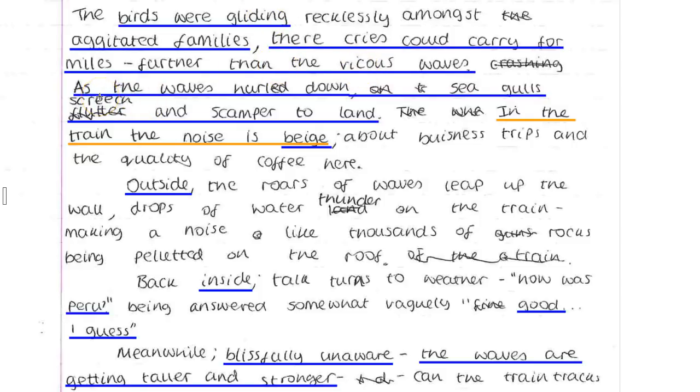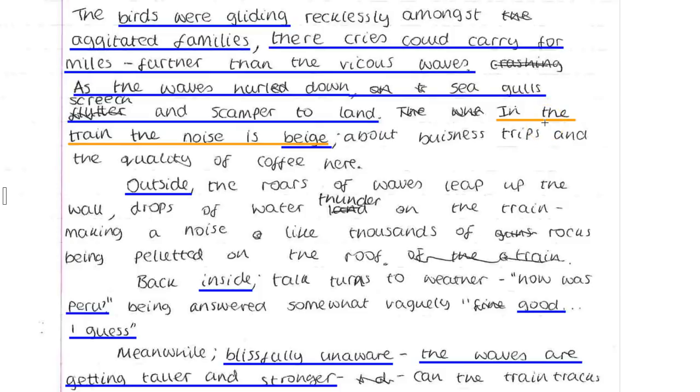Then this student carries on with a further contrast about the same thing. As the waves hurl down, seagulls screech and scamper to land. So you've got this violent coming down, and then a violent sound, but they're coming into land which will be controlled. Then we have another contrast where we move from the outdoors to the indoors, into the train.